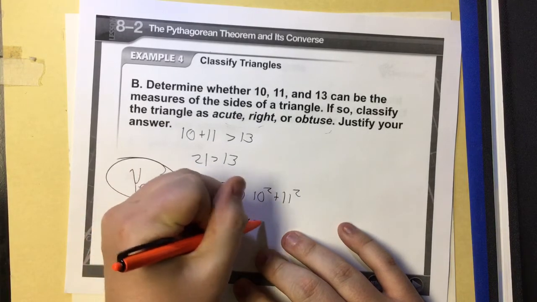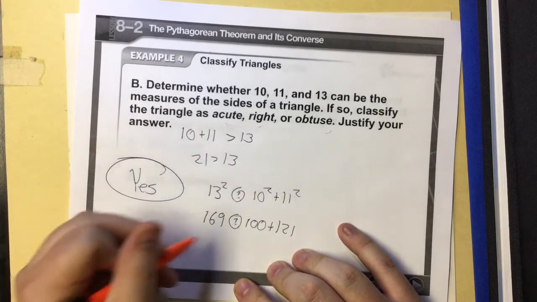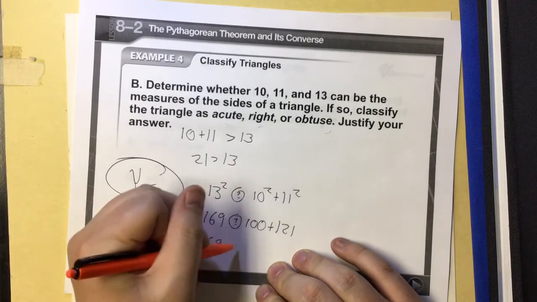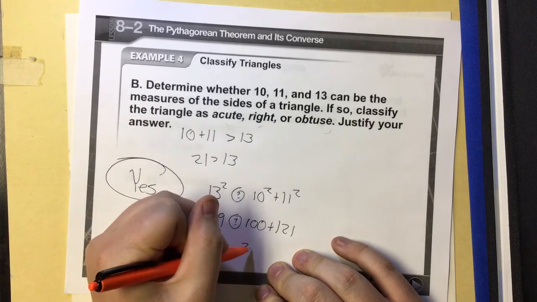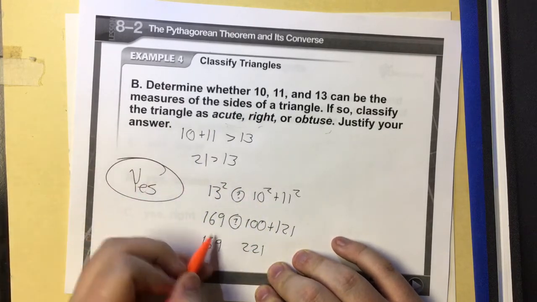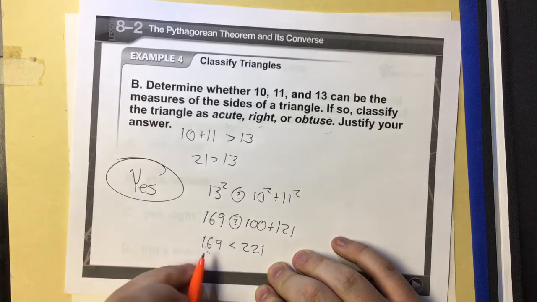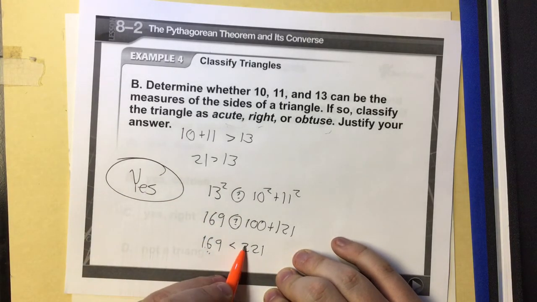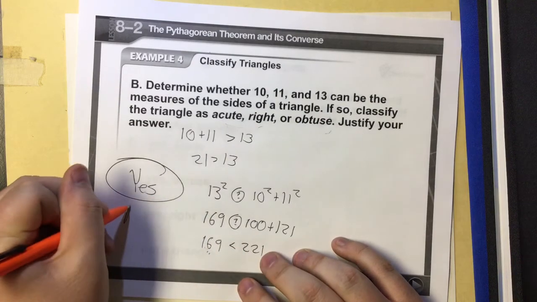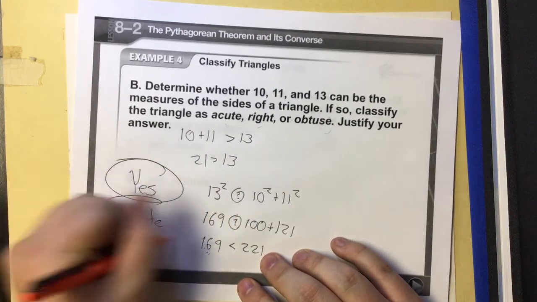Compare that to 100 plus 121. 169 compared to 221. Since c squared is less than those two added up, that means it has to be acute.